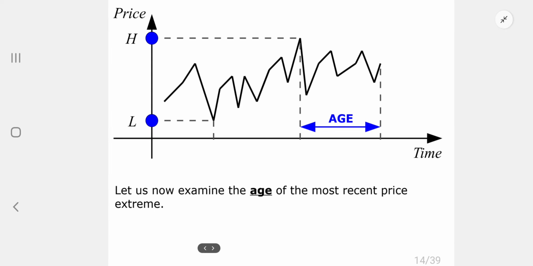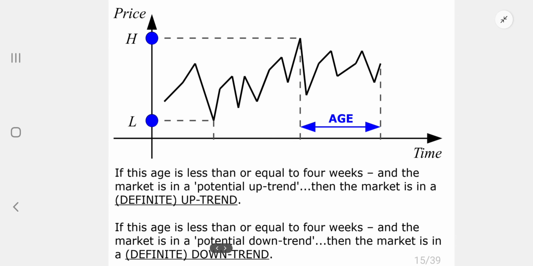Let us now examine the age of the most recent price extreme. If this age is less than or equal to 4 weeks and the market is in a potential uptrend, then the market is in a definite uptrend.